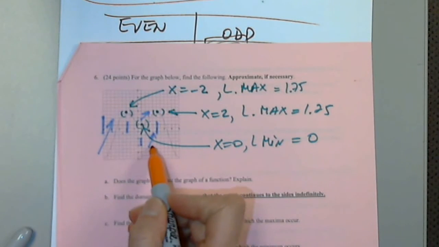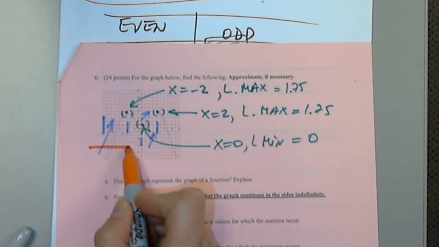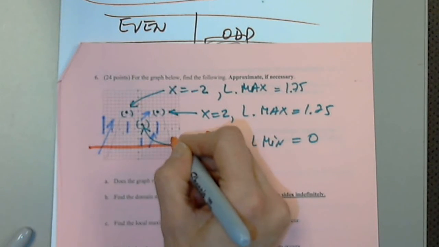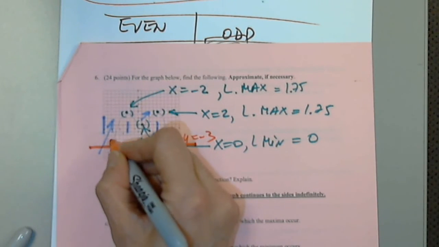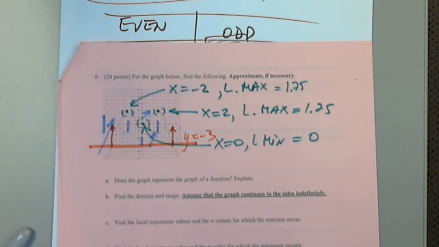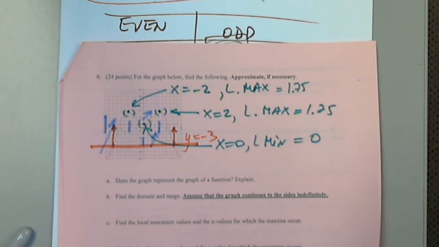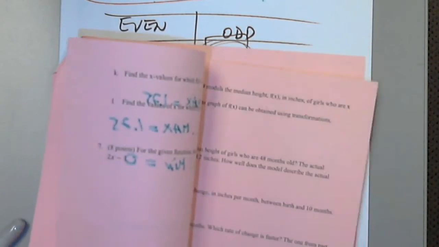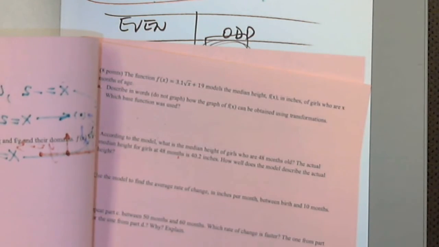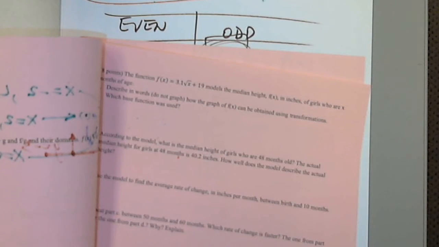F of x equals -3 is this line. Y equals -3, and I read -4 and +4. Okay? And the other one was what? So the answer would be x equals -4 and x equals +4. Yes.